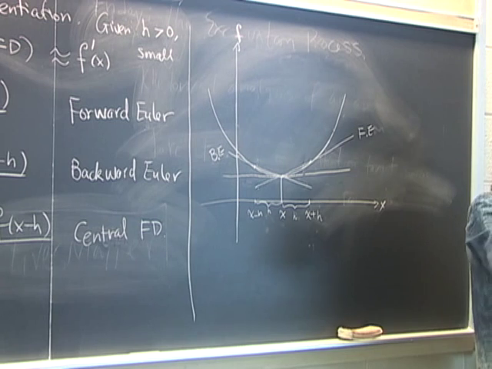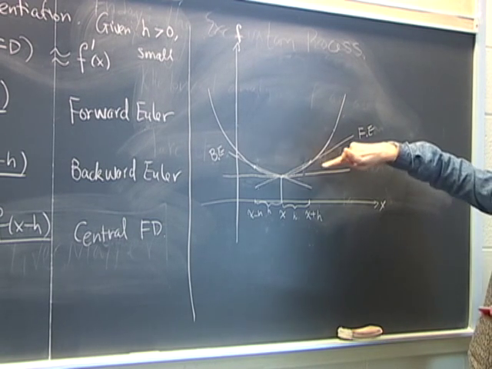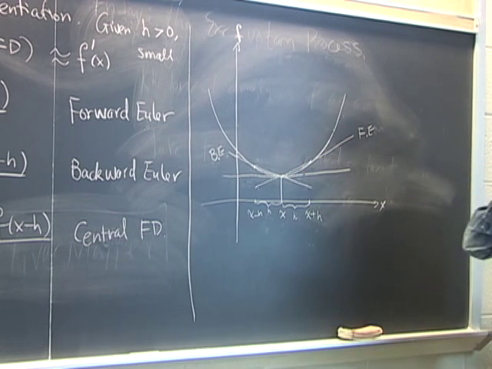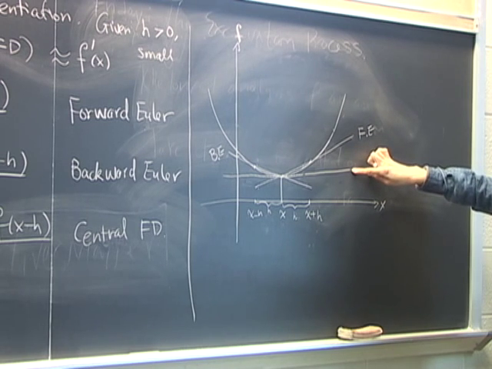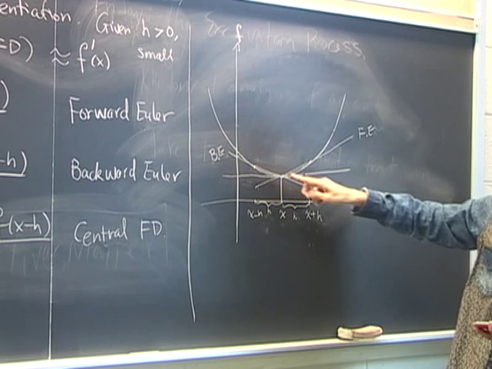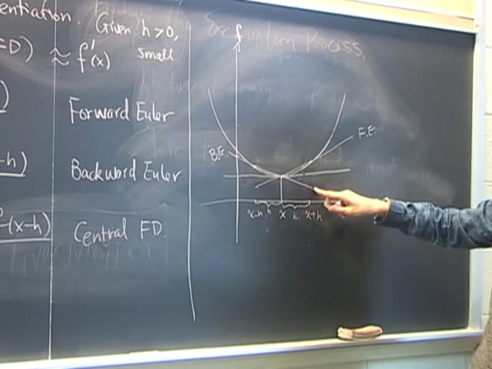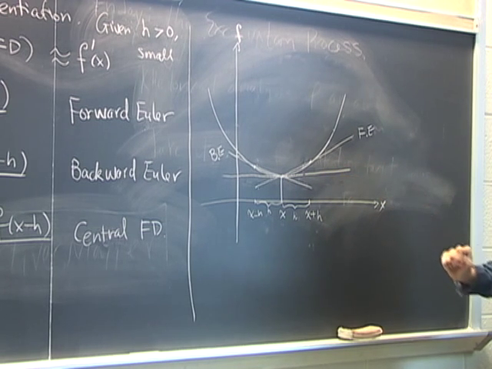Do we agree? Okay. At least from the drawing I have here, maybe I purposefully choose it. You see, forward Euler will give you an approximation that's a bit too big. And the backward Euler will give you an approximation that's a little bit smaller than the actual value, right? The slope is smaller here.